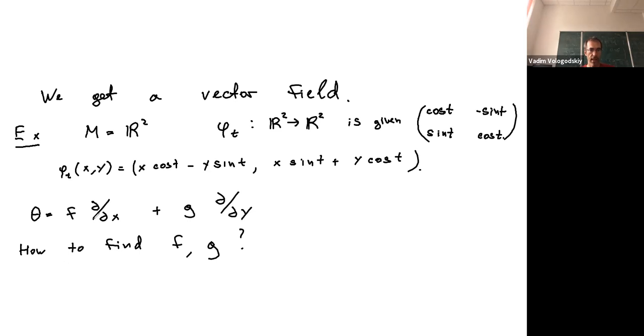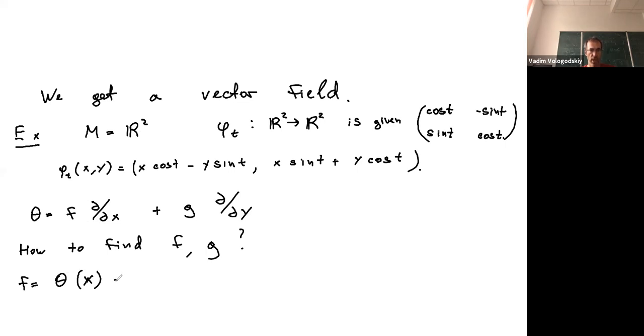So definitely this function f is theta of x. I think of x now as a coordinate on R2, which is a function. If I differentiate this function x along a vector field given by f d over dx plus g d over dy, the derivative of x with respect to y is 0, so what I get is f.